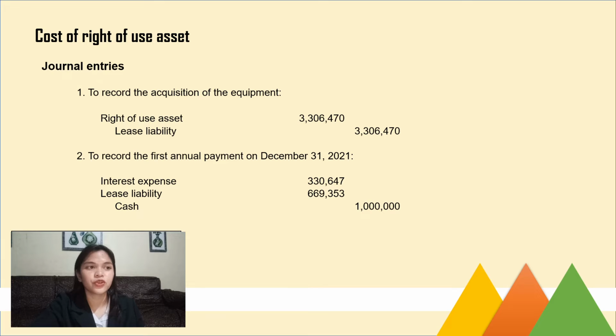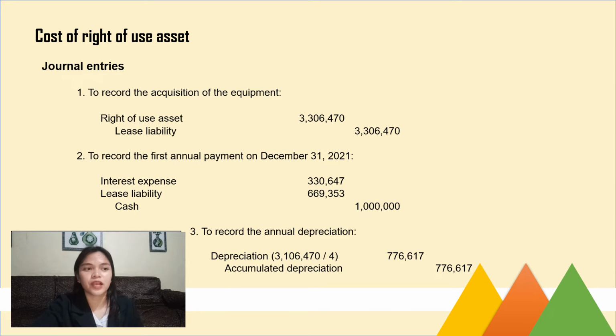Second, to record the first annual payment on December 31, 2021, we debit interest expense amounting to 330,647, we debit lease liability of 669,353, and we credit cash amounting to 1 million.